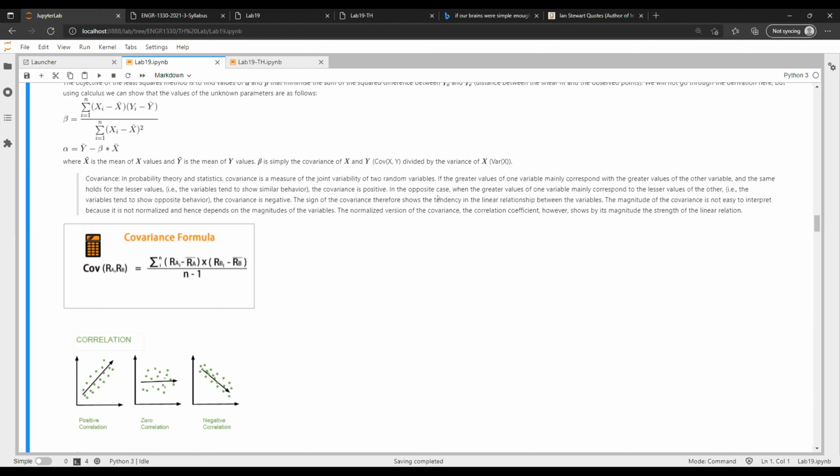In the opposite case, when the greater values of one variable mainly correspond to the lesser values of the other, so high input, low output, or low input, high output, the covariance is negative. The sign of the covariance therefore shows the tendency in the linear relationship between the variables.